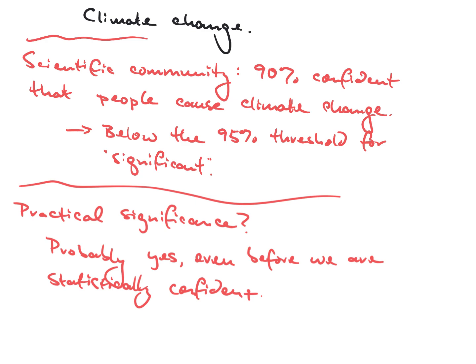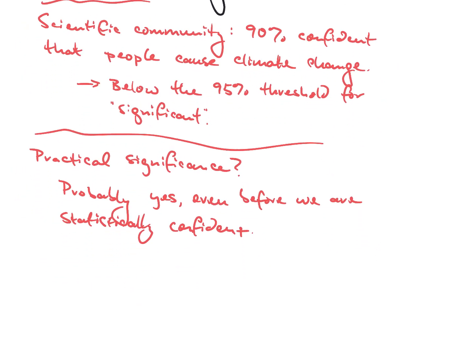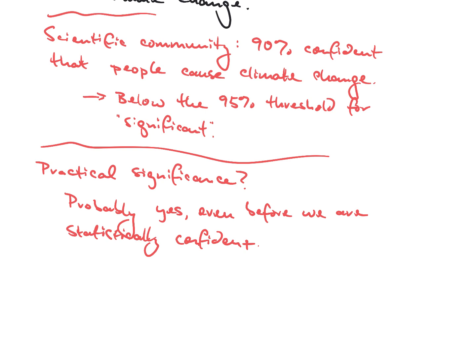I'm just trying to explain my reasoning to you all and why I see that, in this case, 90% chance it's successful versus 10% chance it's a waste is already an argument in favor of doing something, even before we are statistically confident about the effect. Okay, so that's it for today.